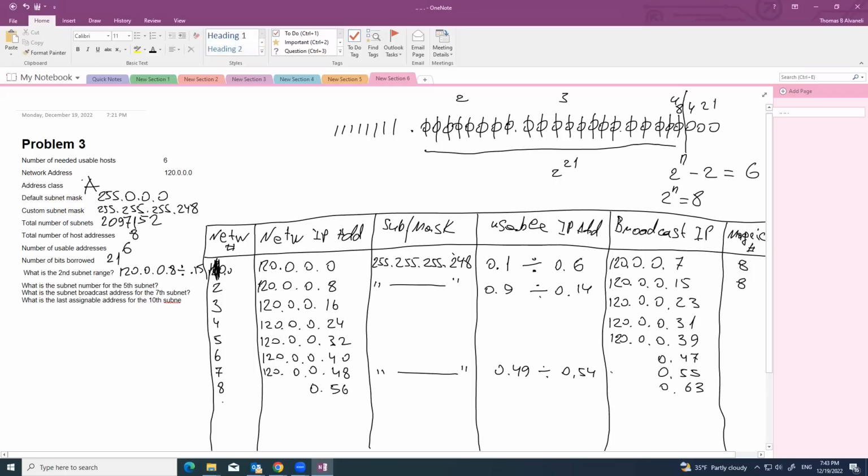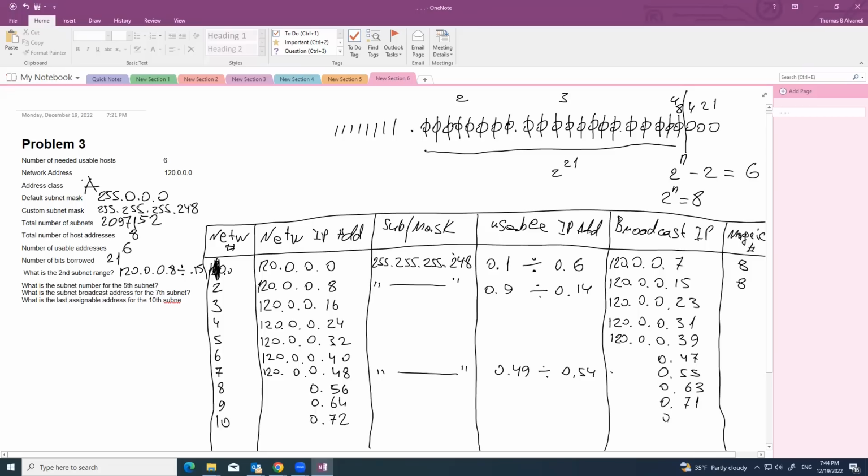This would be 8. Now this is 9. The 9th would be 0.64, and the broadcast address would be 0.71. And the 10th would be 0.72.